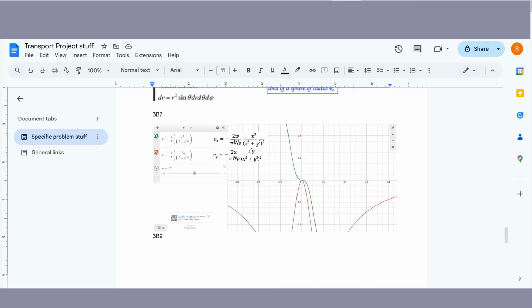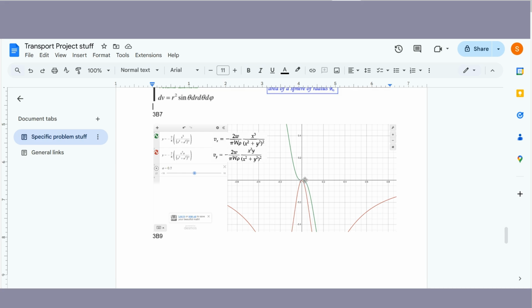So I set y equal to a, and I set a equal to 0.2. For both of these, Vx is this green expression. When y equals 0, there's an inflection point, and so the derivative of this green function at y equals 0 equals 0.